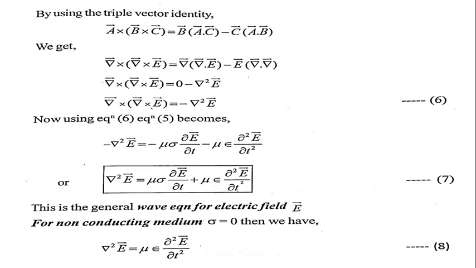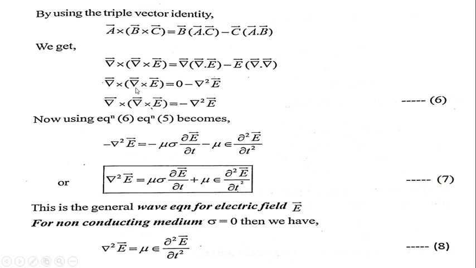By using the triple vector identity, that is A cross B cross C equals B into A dot C minus C into A dot B, that is A bar cross B bar cross C bar is equal to back minus cap. Now using this identity, we get del cross del cross E equals del bar into del dot E minus E bar into del dot del.